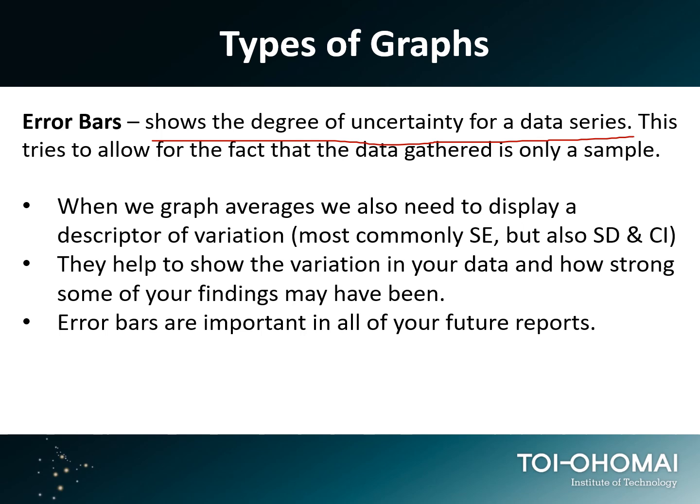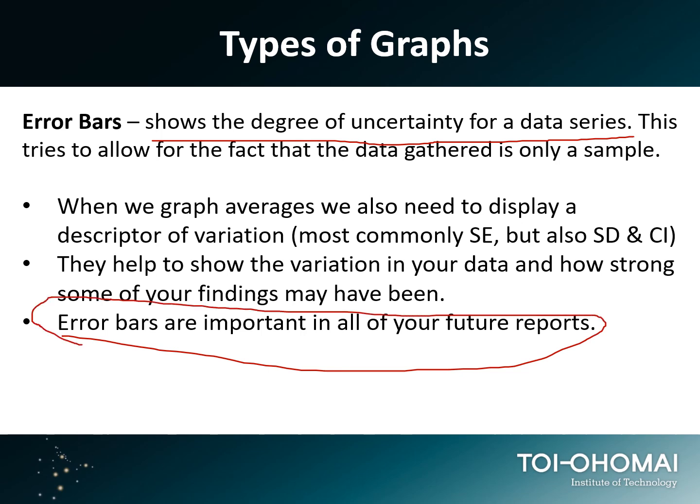So your take home is that every time you measure a mean, and you report it in a graph, you need to have error bars on it. We might be using standard error, we might be using standard deviation, or we might be using confidence intervals. We'll go through the rationale for when we use those a little bit more in the labs, but you need to show one or the other if you're graphing means.